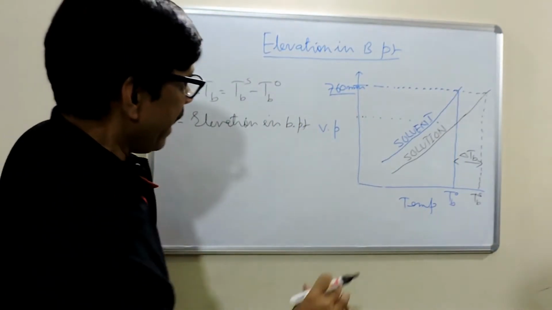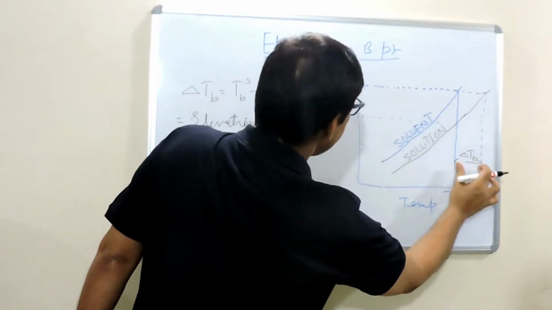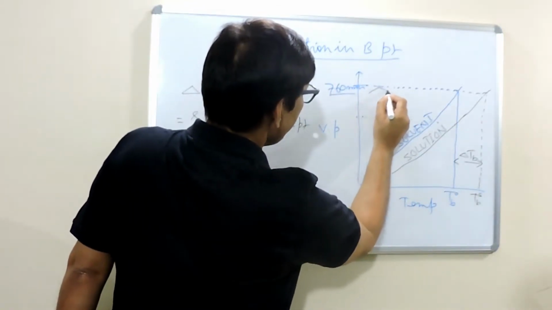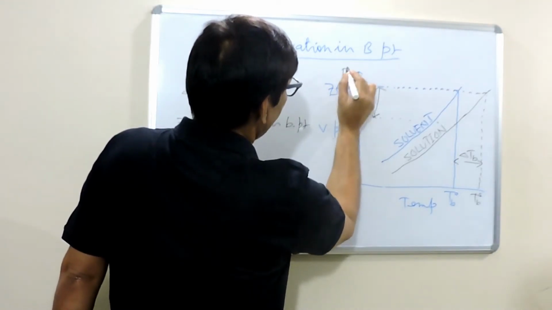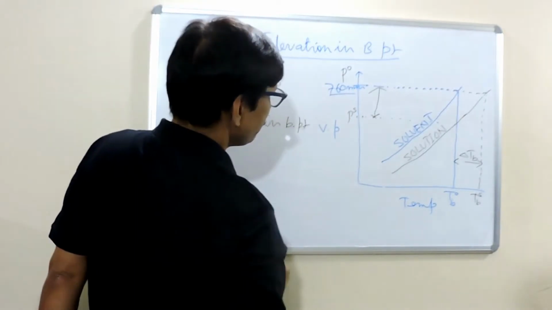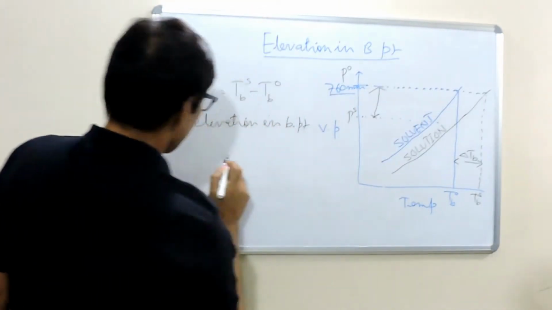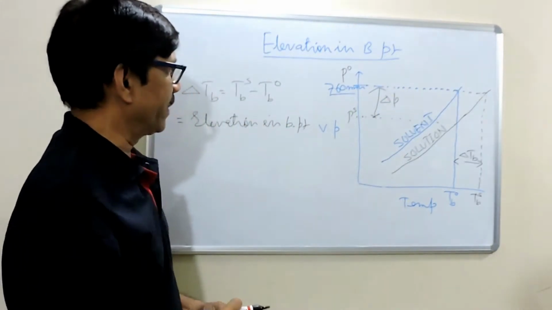Okay, and see here, this elevation in boiling point is directly related with the lowering in vapor pressure. If this is the vapor pressure of pure solvent, and this is the vapor pressure of solution, then this difference is delta P, that is lowering in vapor pressure.